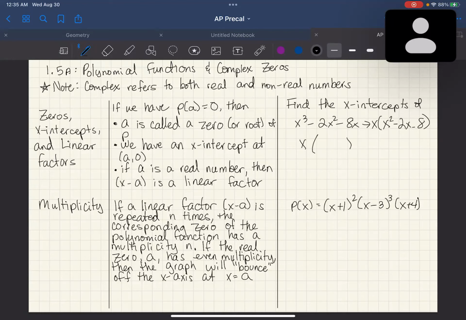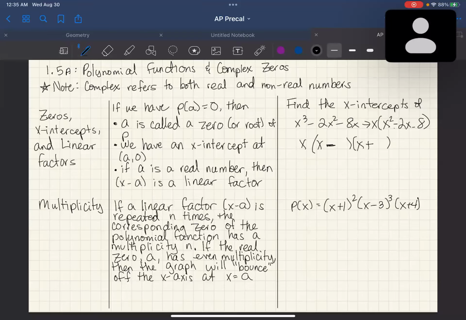I'm going to open up two sets of parentheses. Because I have that x squared, they're both going to have an x. I use my first sign, which in this case is a negative. Then I take that negative and combine it with my second sign, so a negative times a negative gives me a positive.